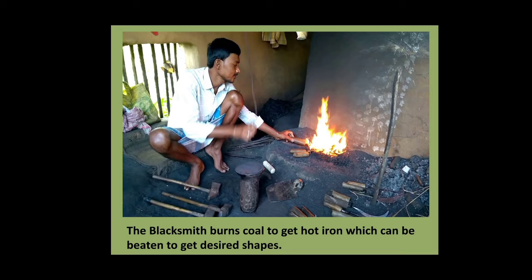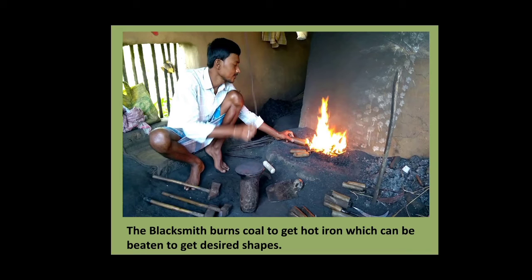In the presence of air surrounding that coal, when coal catches fire, some light is produced and heat is also produced. So the iron gets hot, and the blacksmith changes that iron rod or iron piece into different shapes.